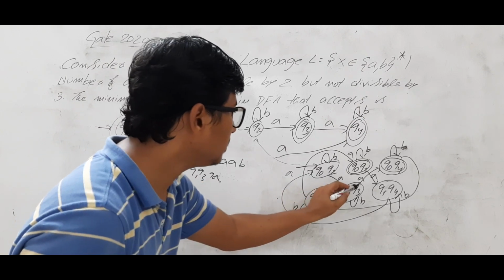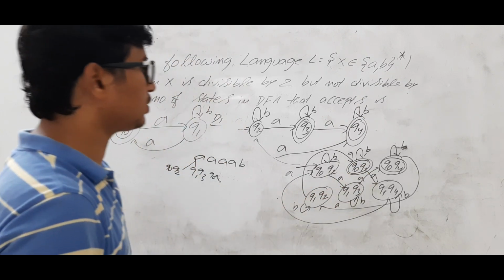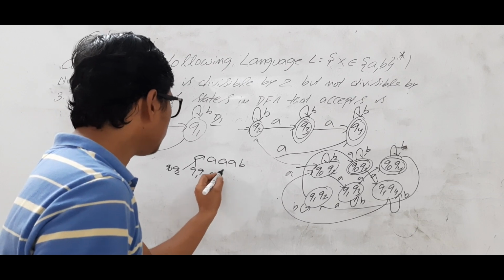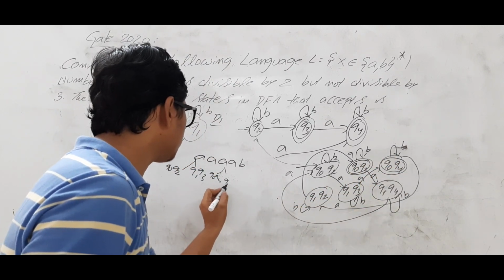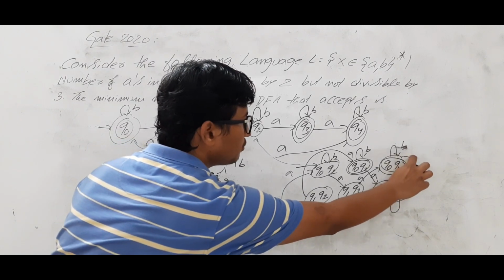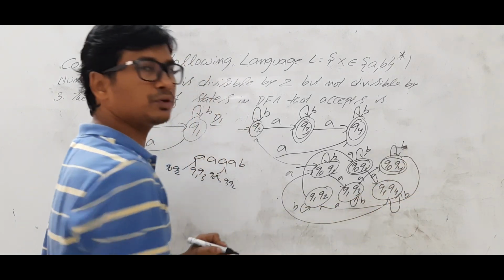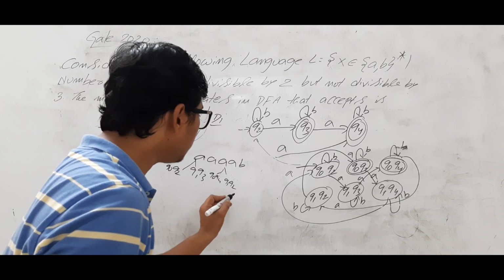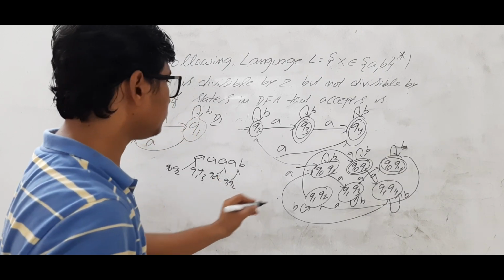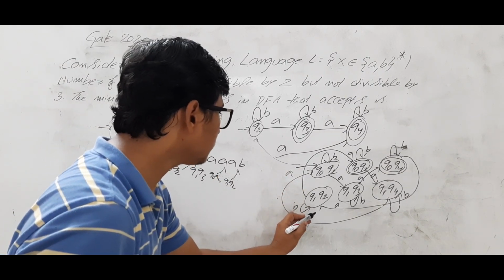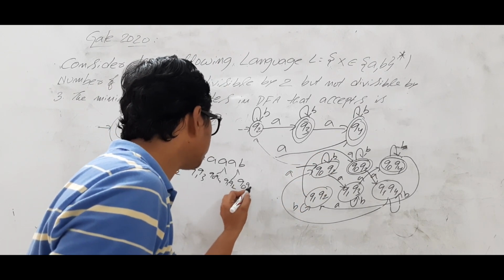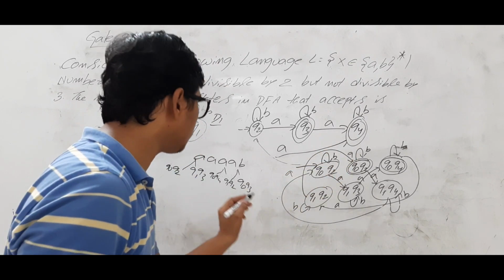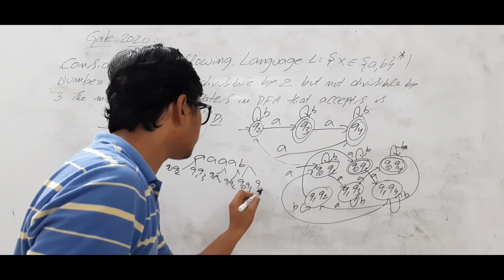Q0, Q4 on A, it is going to Q1, Q2. Q1, Q2 on A, it is going to Q0, Q3. Now Q0, Q3 on B, it is going to Q0, Q3.